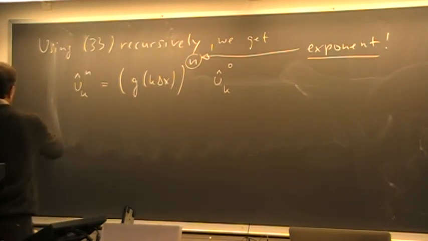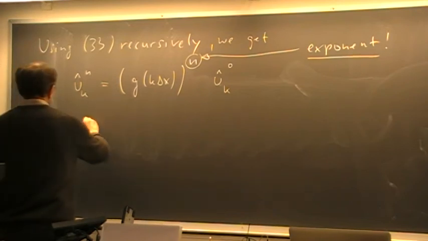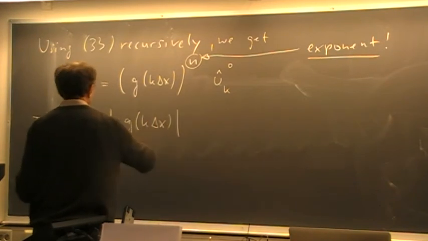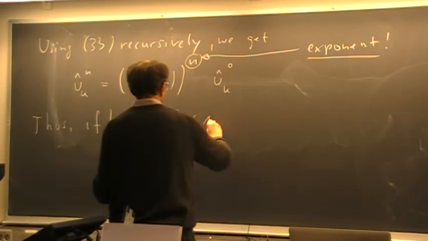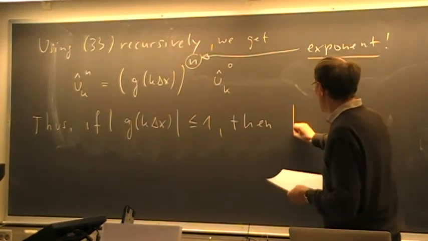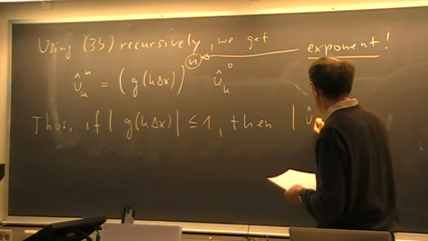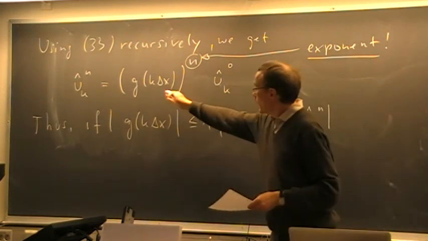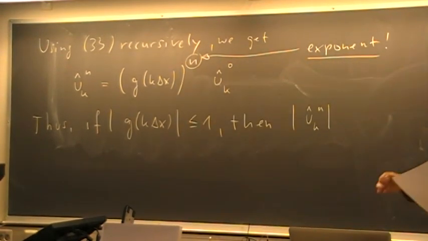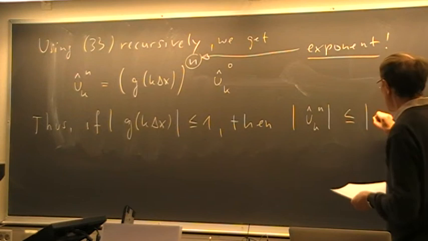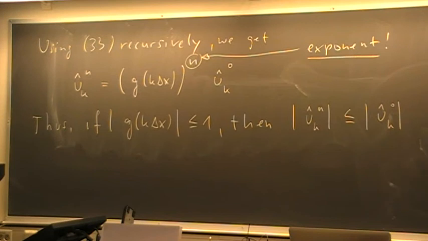So, if the absolute value of the amplification factor is smaller equal than 1, then we will have, look at that, if we have the absolute value of u hat kn that will be then equal to this. And if this in absolute value is smaller equal to 1, also the power n is smaller equal to 1, and then we get that this is bounded by the Fourier transform of the initial condition.